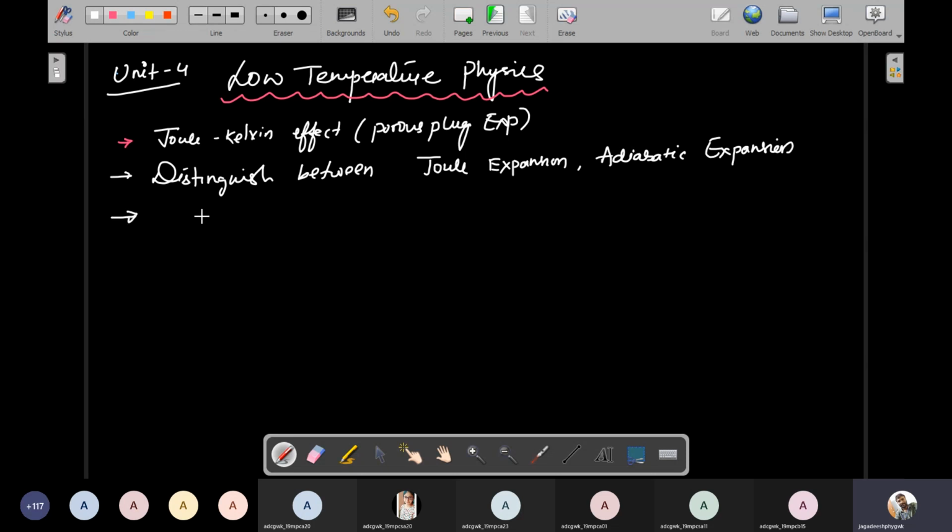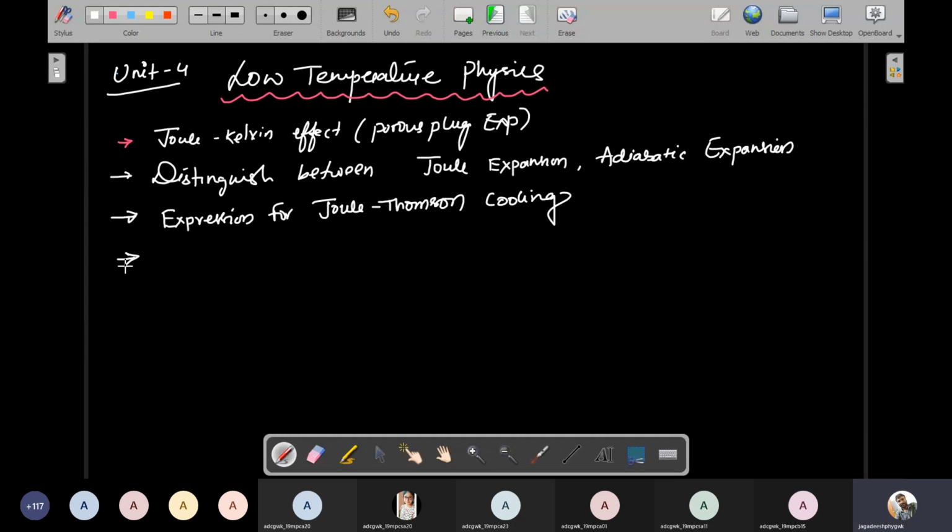And the third topic is the expression for Joule-Thomson cooling.